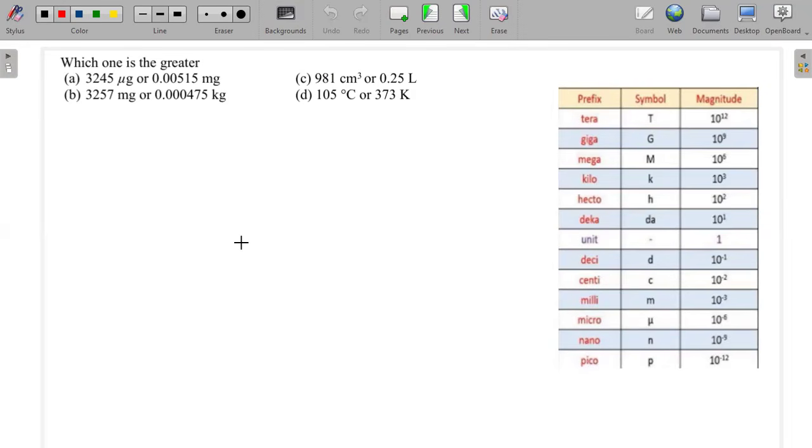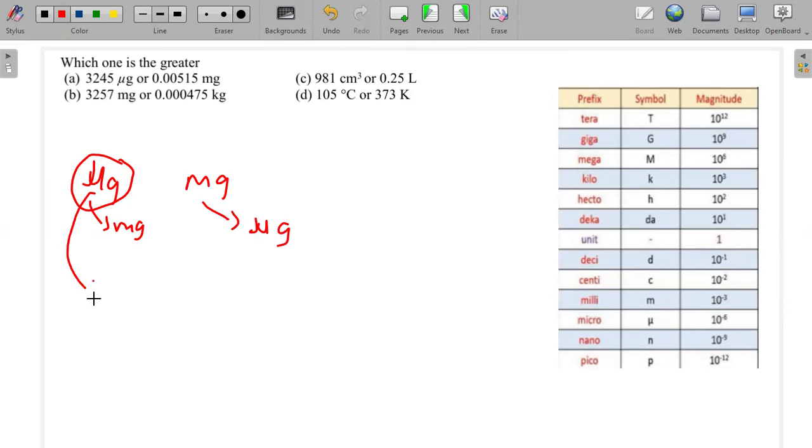So, for example, for the first one, I have micrograms, and then on the other one, I have milligrams. So it's either you change this microgram to milligram, and then now you compare, or you can change the milligram to the microgram, and then now you compare, or you can change the microgram to the gram and the milligram to the gram and then compare.